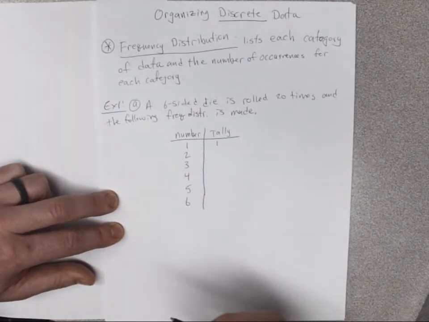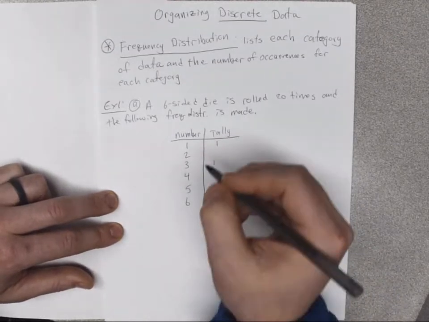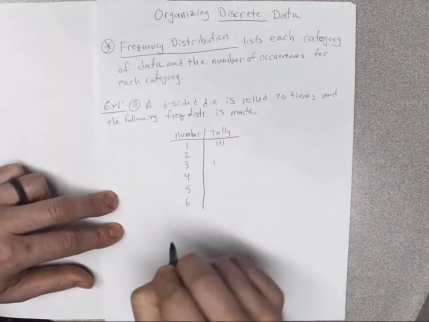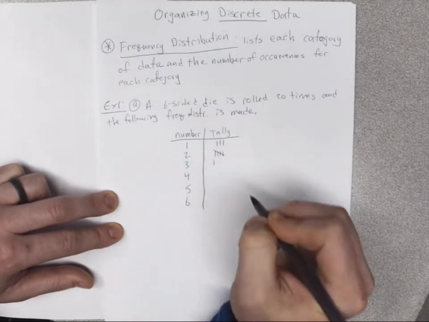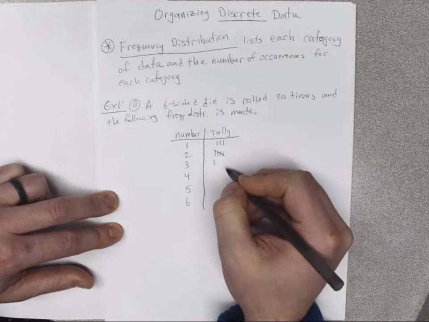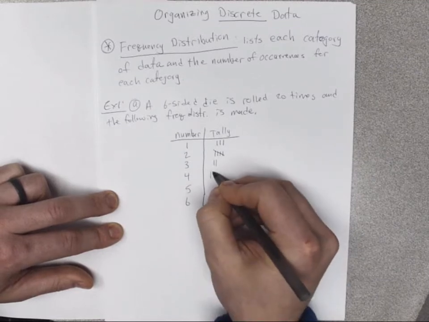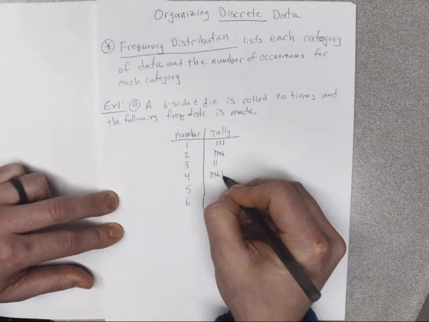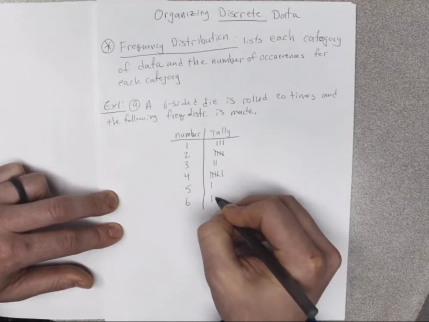If it rolls a 3, then we put a tally mark here for 3, and do that 20 times. So I'm just going to make up something here. We'll do 3 there, 5 for number 2, 3 gets rolled twice, 4 gets rolled 6 times, 5 is once, and 6 is 3 times.